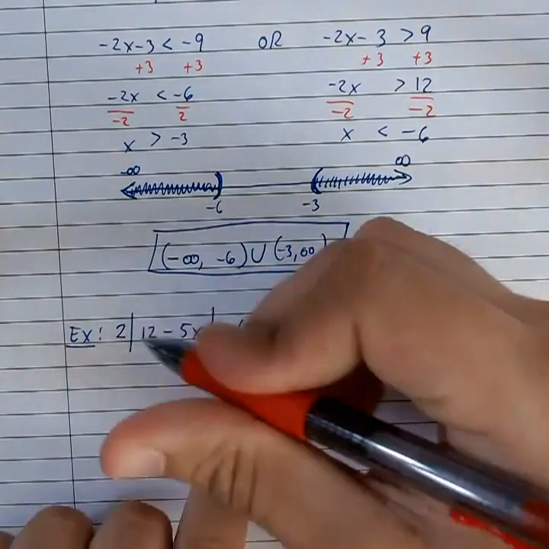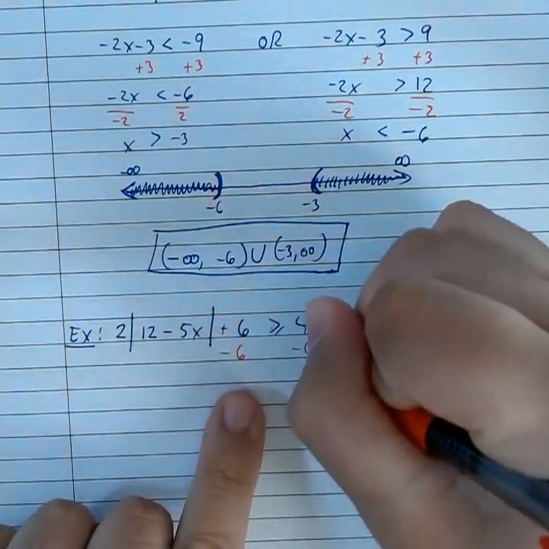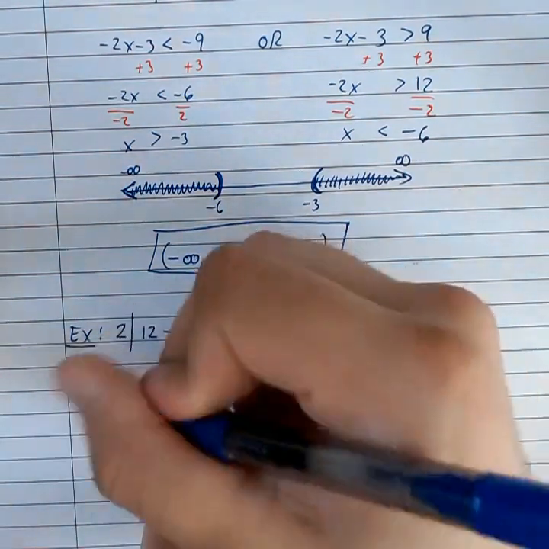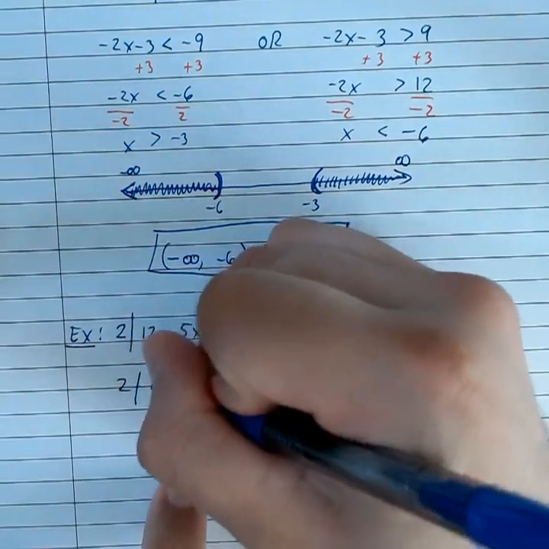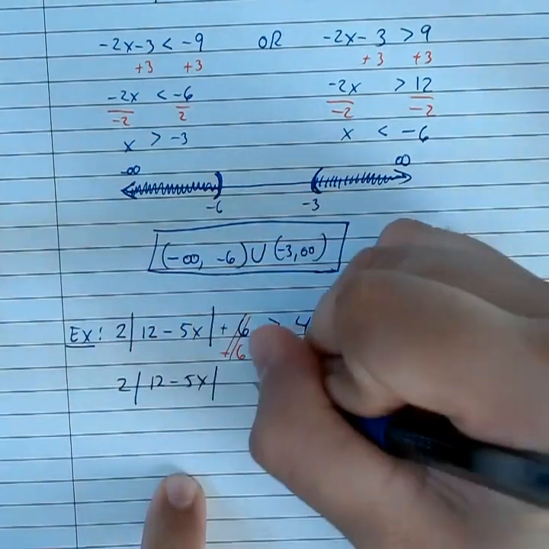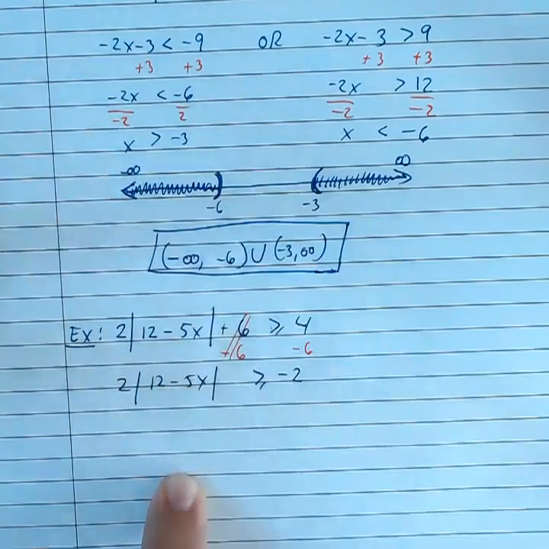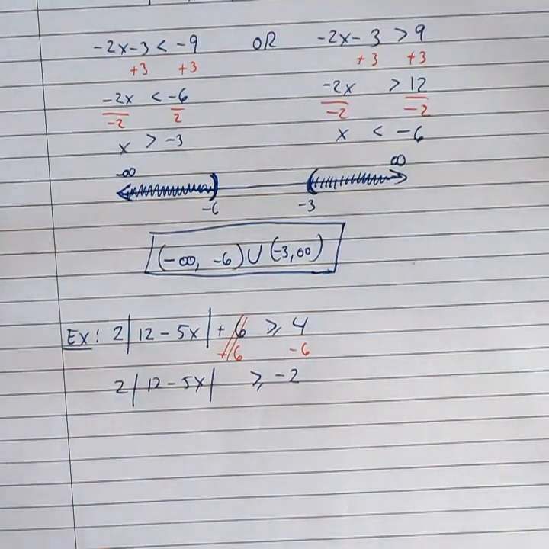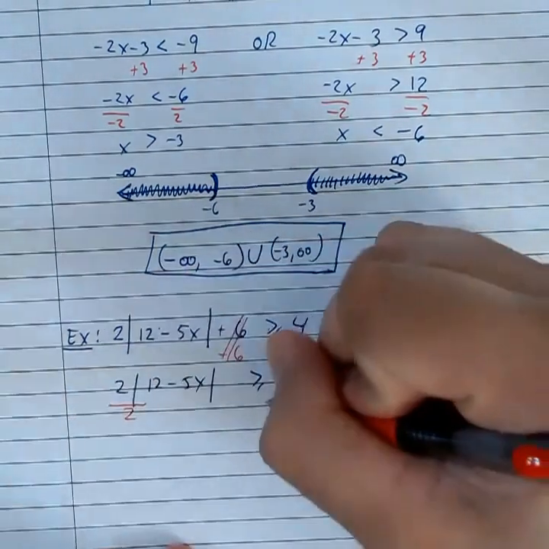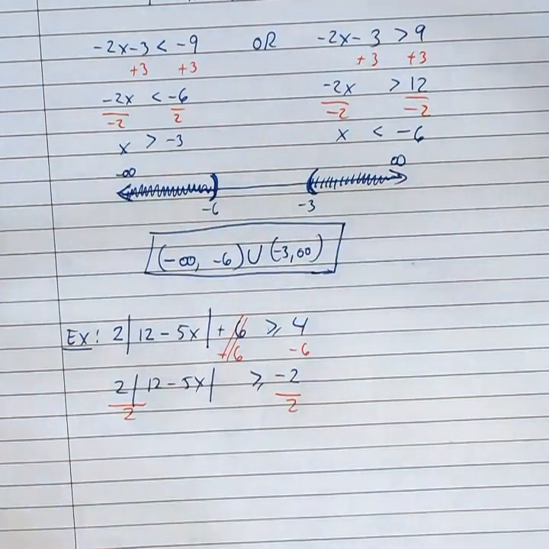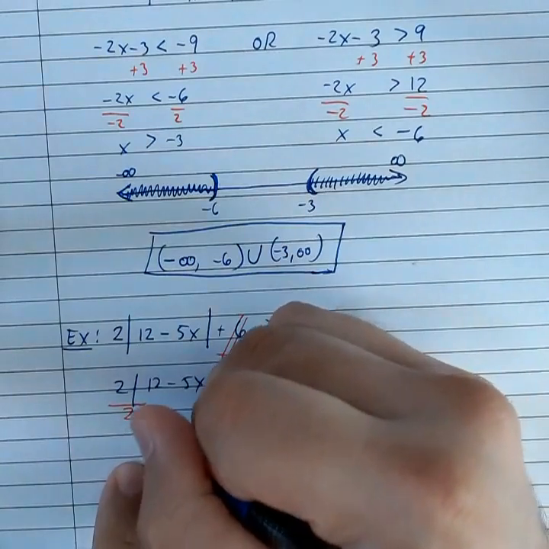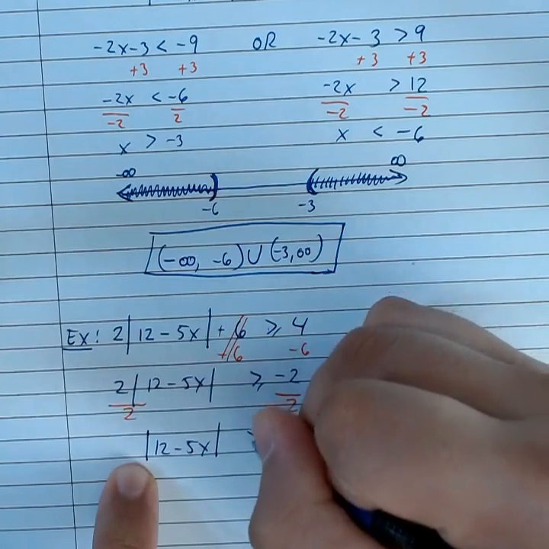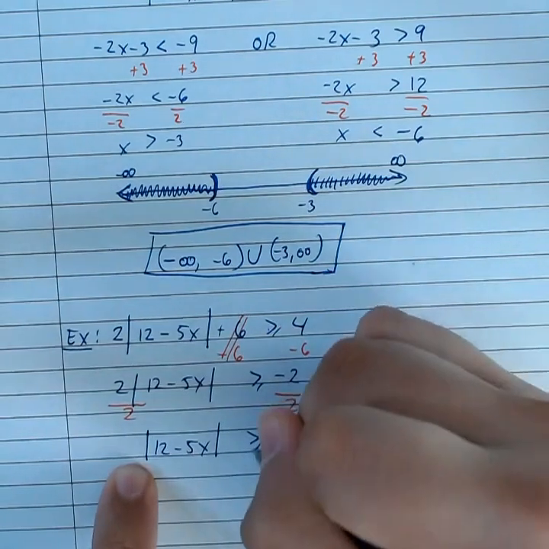Okay, so far nothing different or exceptional has happened. Let's go ahead and isolate the absolute value. Let's subtract 6 from both sides. And now let's divide both sides by 2 to get that absolute value completely by itself. Okay. So that's going to be the absolute value of 12 minus 5x is greater than or equal to negative 1.